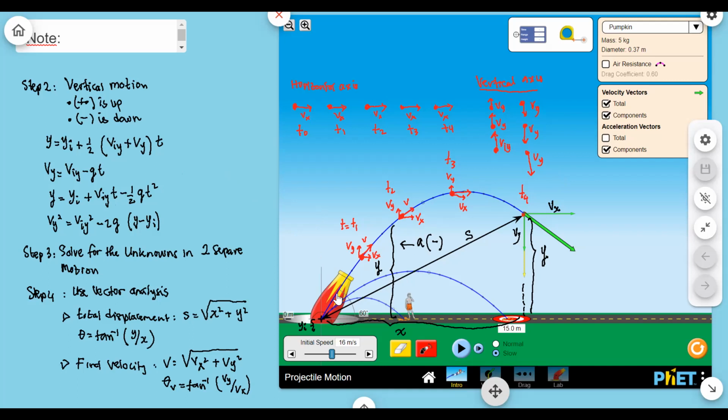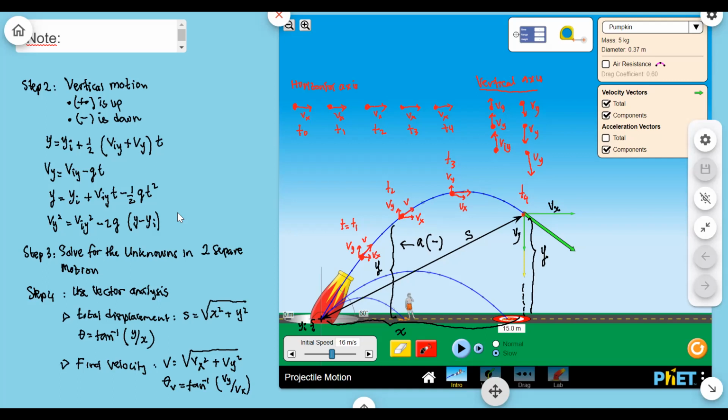Whatever you set up in the simulation, then later use the formula, so we can find the unknowns. And then please follow the 4 steps, and you can also solve the problems in two-dimensional motion, or projectile motion.